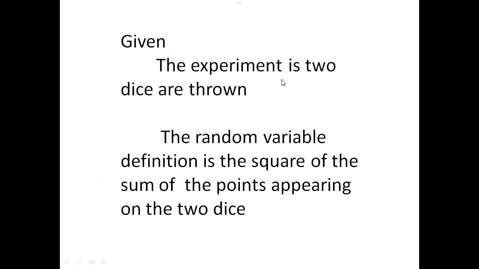Two dice are thrown. What is the other statement given? The random variable definition: the square of the sum of the points appearing on the two dice. So the given statements are the experiment and the random variable definition.